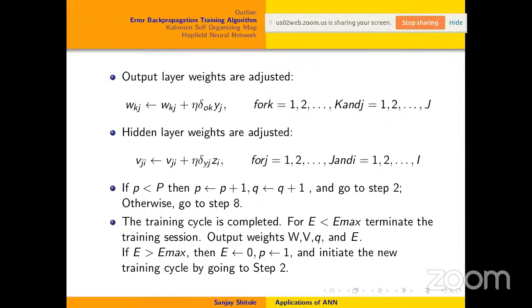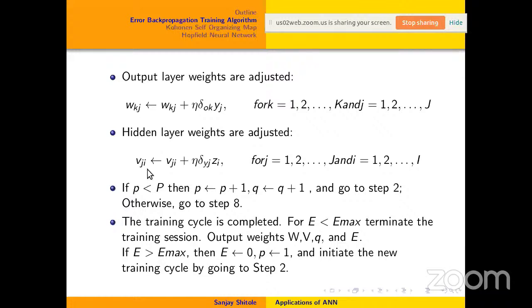Now we are turning towards the final steps. After calculation of the delta, you have to calculate the updated weight. Here, the updated weight W equals the old weight plus eta, where eta is a learning constant, times the delta value we have calculated for the output, times Y, which is the output of the hidden layer. This formula calculates the updated weights at the output layer.